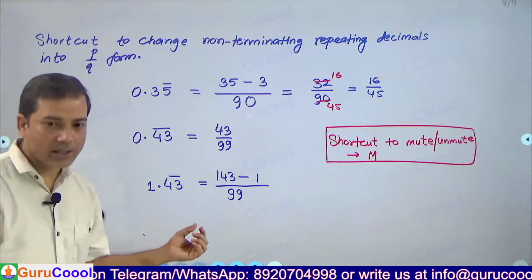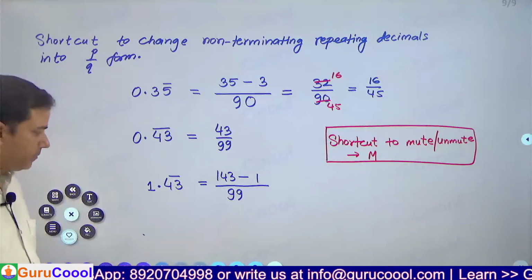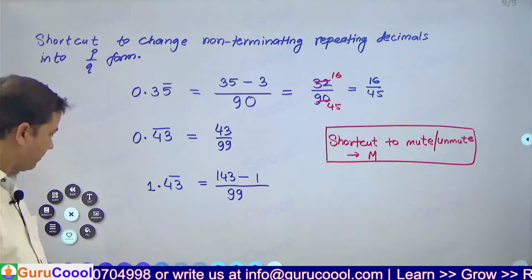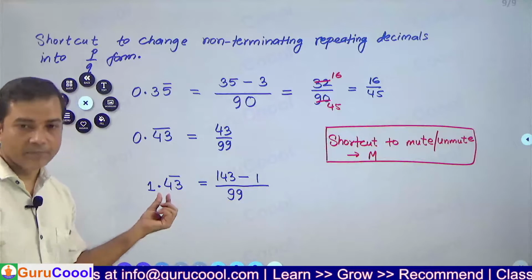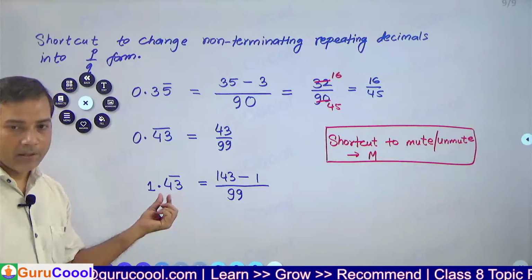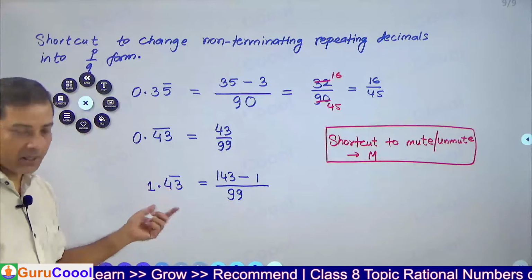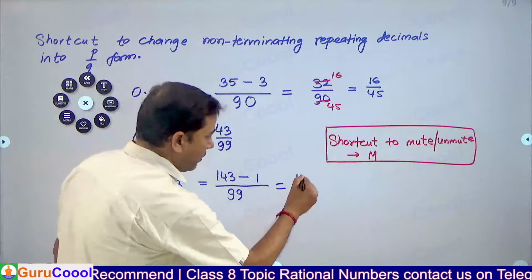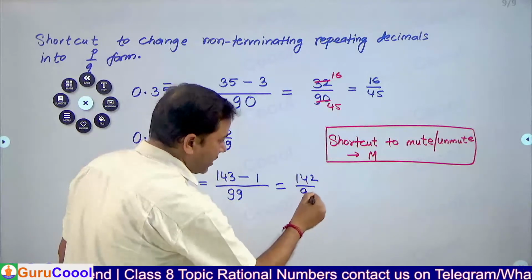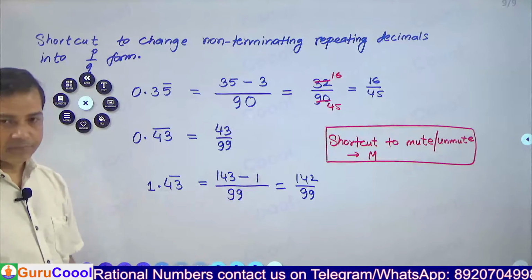Nothing. There is nothing after decimal without bar sign, so no 0 will come here. It's 142 by 99. Done. Answer.